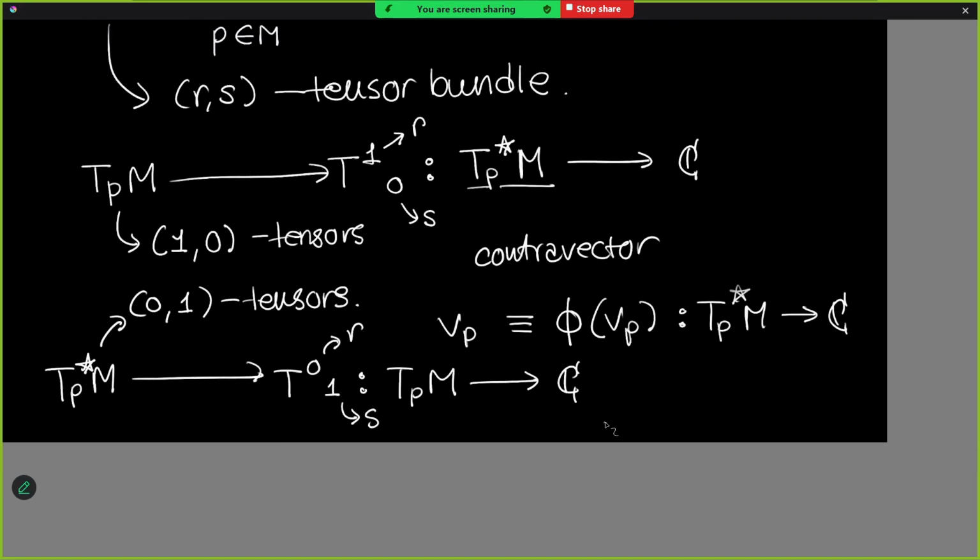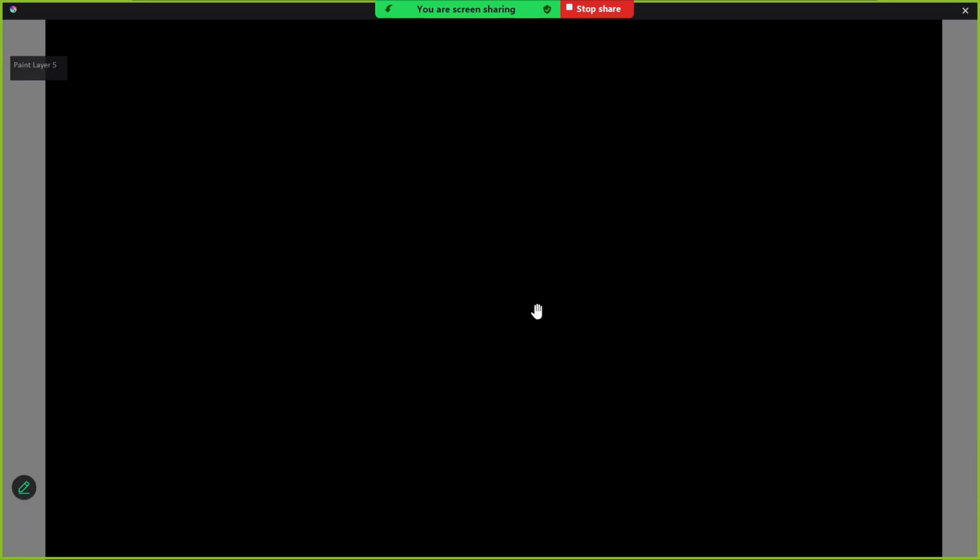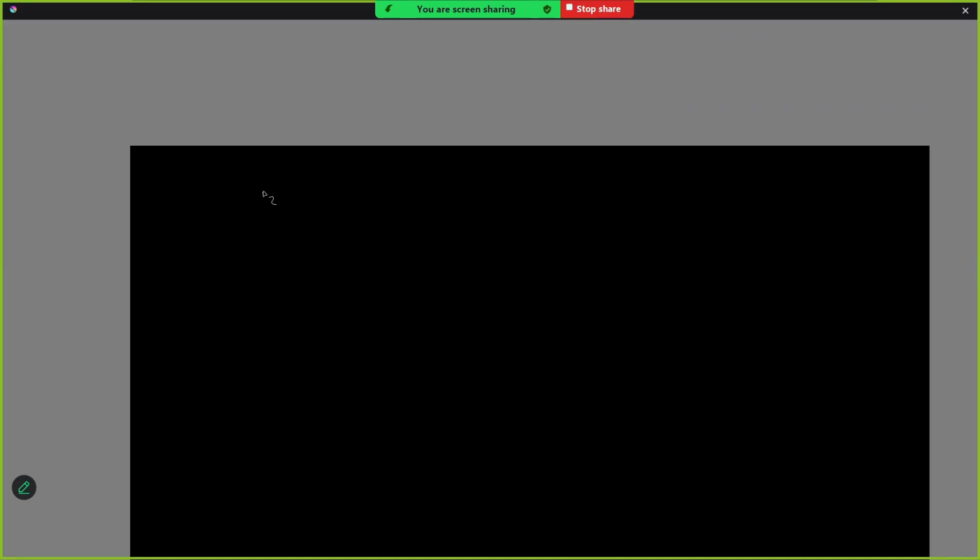And so we get the idea of what a bundle is for the tangent space and the cotangent space kind of for free.